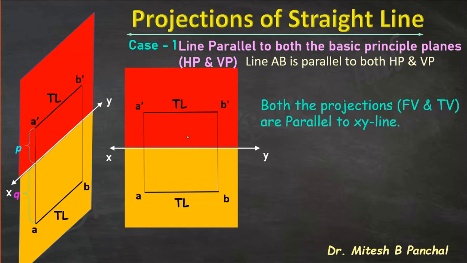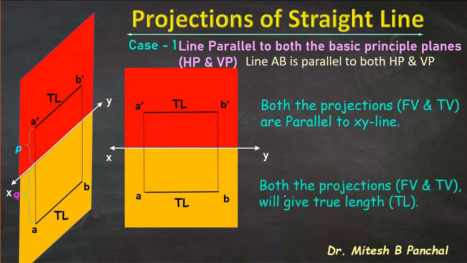For this particular case, we can conclude that both the projections, front view and top view, are parallel to XY, and second, both the projections will give true length. Now we will see how we can draw the solution.